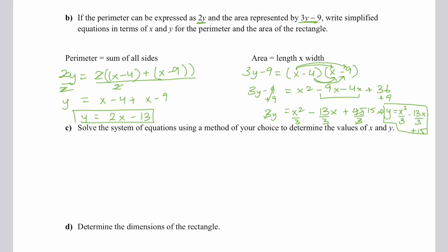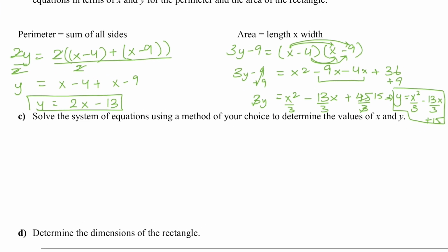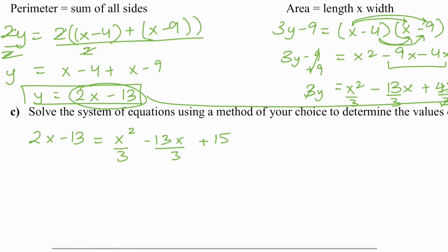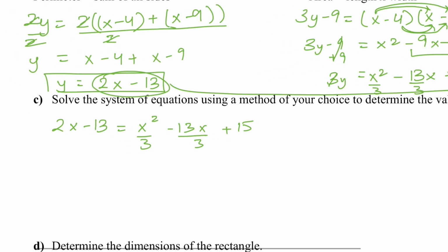Did you guys solve it already? Substitution or elimination? What do you guys prefer? Okay. Let's put my y value into the second equation. So it'll be 2x minus 13 is equal to x squared over 3 minus 13x over 3 plus 15. I could just multiply both sides by 3 to make it easier and get rid of the denominator.